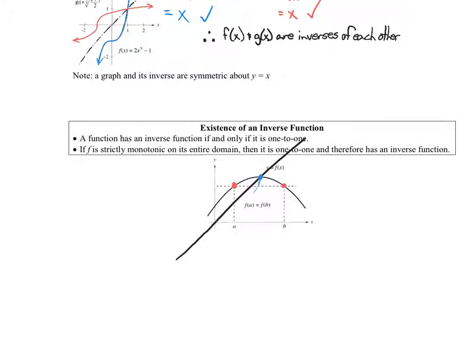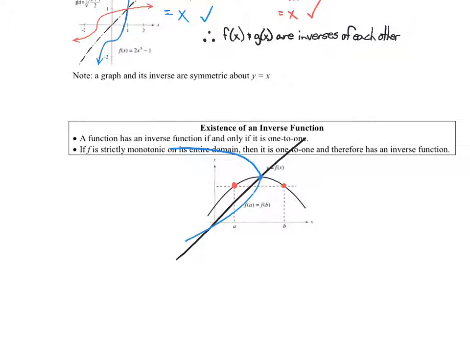I would have something that looked like this. Whoa, not that. Is that a function? No. So, can we reflect a lot of stuff across the line y equals x? Yes. Does that mean it's an inverse? No. Okay? So, do be careful with that part.